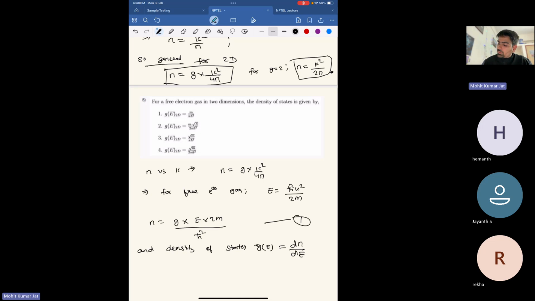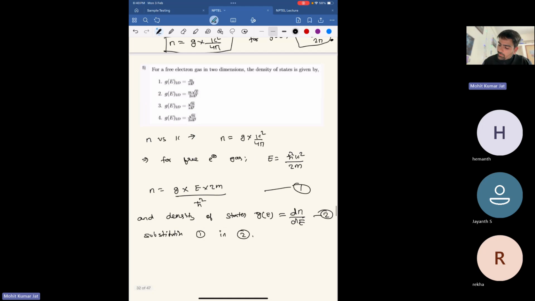So this is equation 1, this is 2. Substituting 1 in 2, that gives me g(E) as g times 2m by ħ².